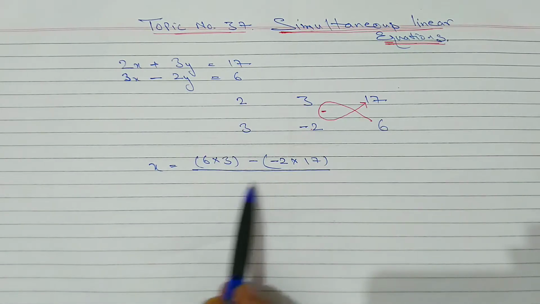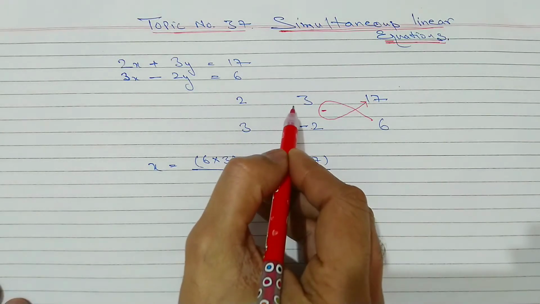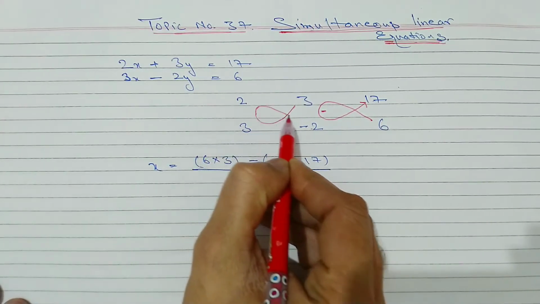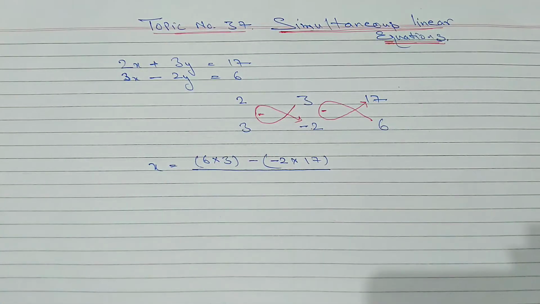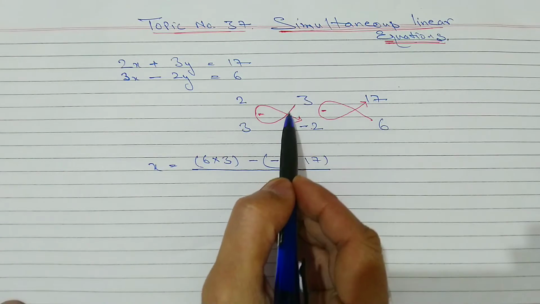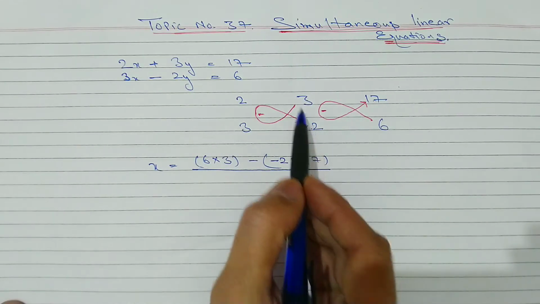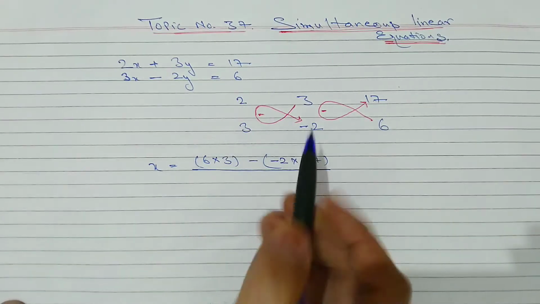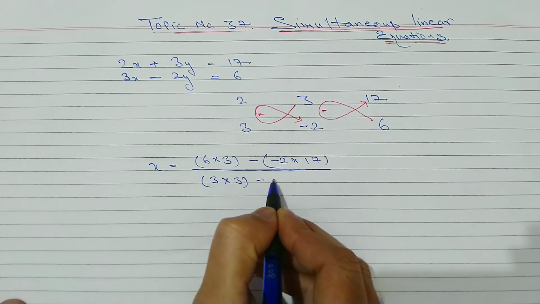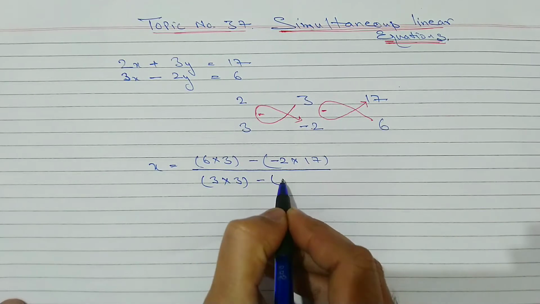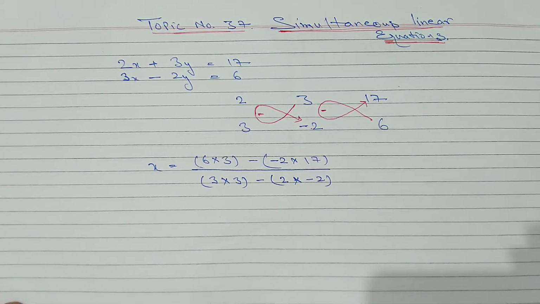For denominator, again draw alpha, now this way, right? Means 3 into 3 minus 2 into minus 2.